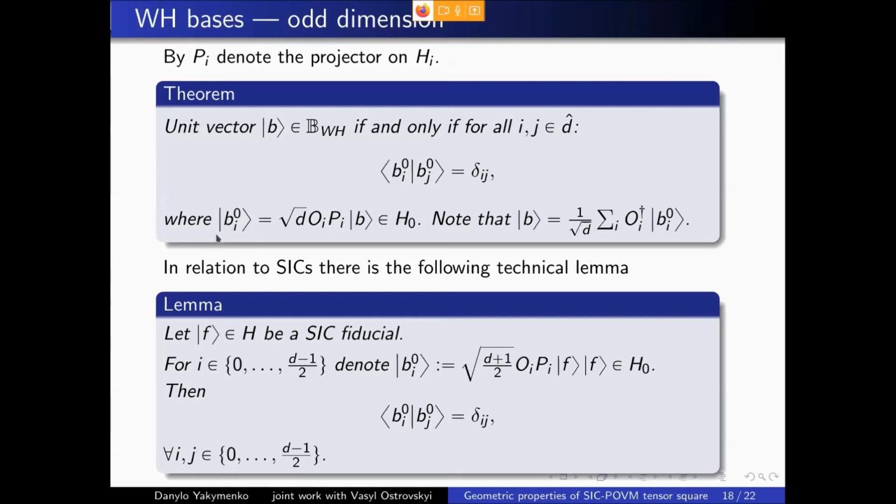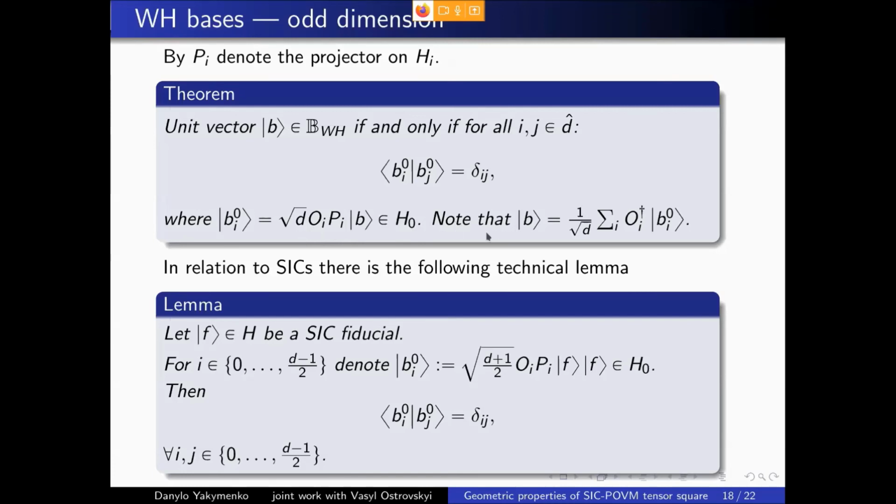We compute this part, this b_i0. What we do is project this fiducial vector b first on the component H_i, and then send it to the zero component by using our isometries.